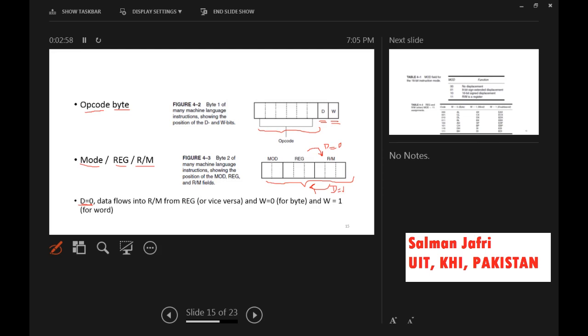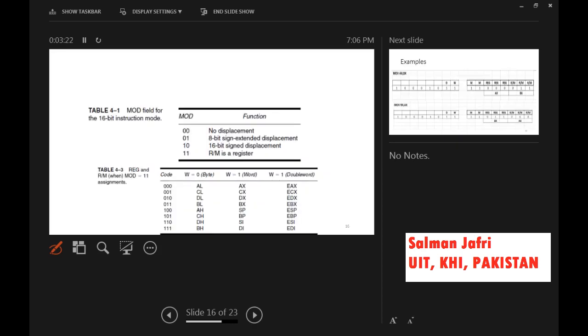Now if our instruction has 8-bit registers, we have W as 0. For example, if AL, AH, BH are being used, the width would be 0. And W is 1, width is 1, for word or 16-bit registers, if AX, BX, CX, DX, etc. are used. Now each register has a code.